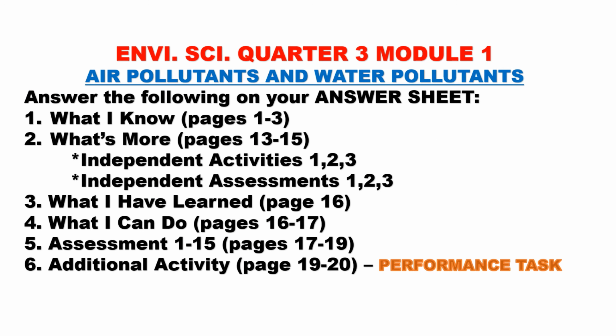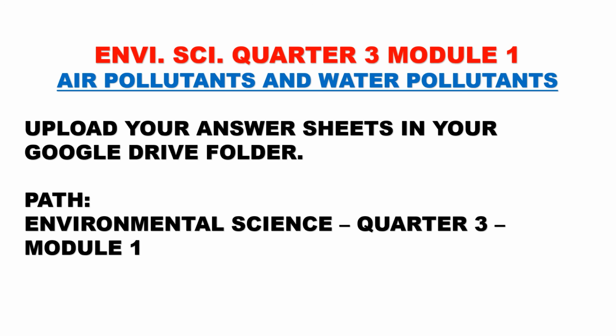For ENVI Quarter 3 Module 1, Air Pollutants and Water Pollutants, these are the things that you need to have on your answer sheet: what I know, what's more, independent activities 1, 2, 3 and independent assessments 1, 2, 3, what I have learned, what I can do, assessment, and additional activity. The additional activity is your performance task. If you're done, upload your answers in your Google Drive folder, our path: Environmental Science, Quarter 3, Module 1.